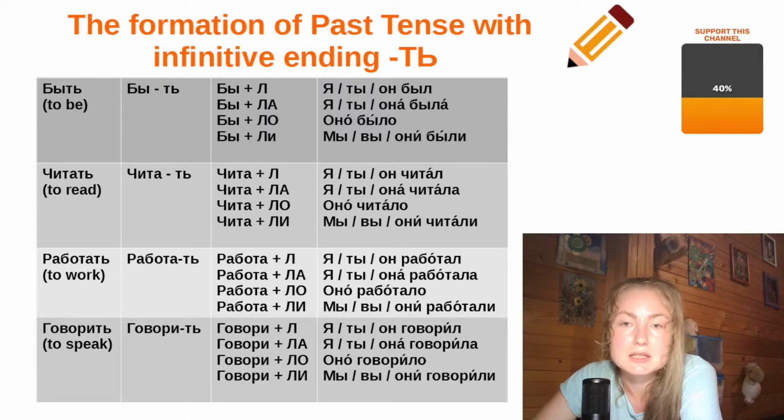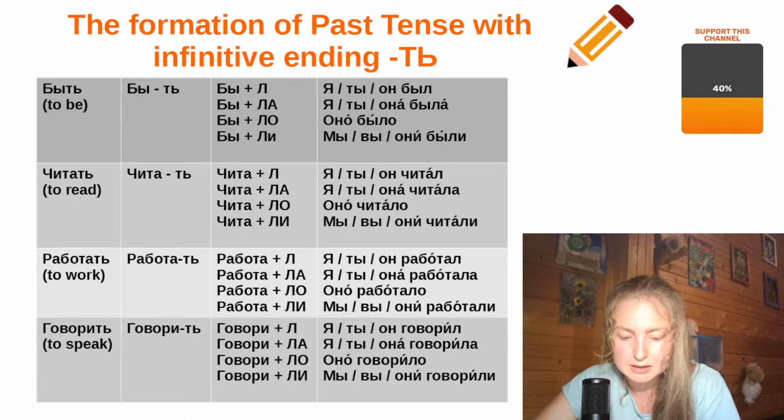And the last verb in this table is говорить. Говорить means to speak or to say. So again, the same story. The suffix «т» goes away, and instead of it, we add our normal endings of the past tense. «Л», «ла», «ло», «ли». So for masculine, it's «л», like я говорил, ты говорил, он говорил.